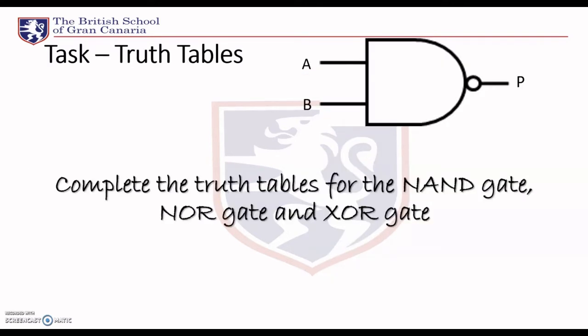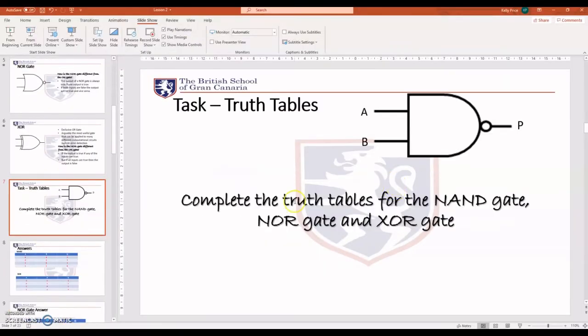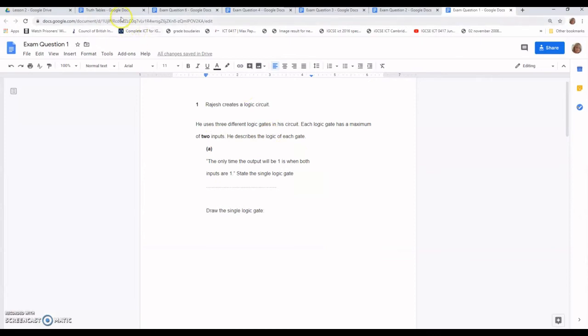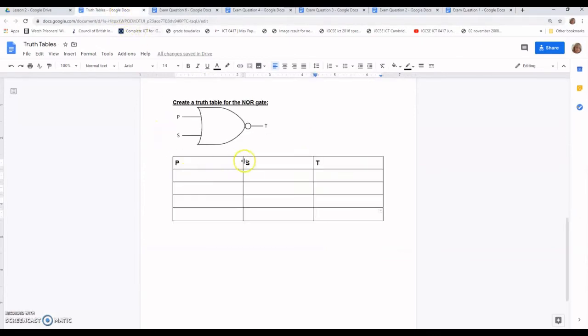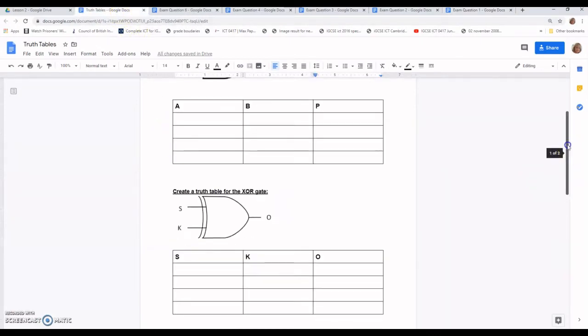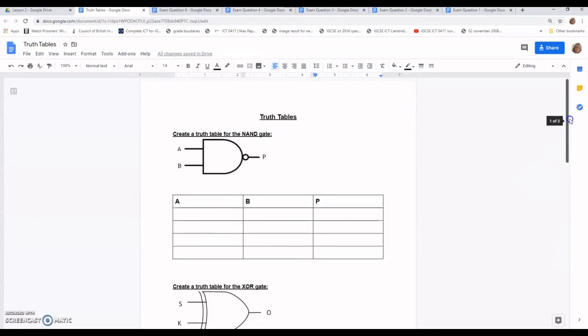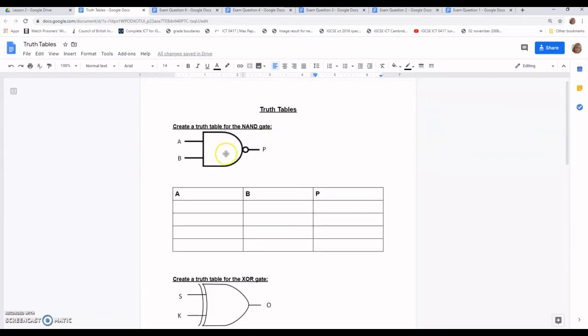Right, so what you're going to complete now is the truth tables for the NAND gate. Now the link to this task is underneath the description on the video. If we go to truth tables, here we are. So you're going to complete the truth table for each of these. Remember, this is the NAND gate.